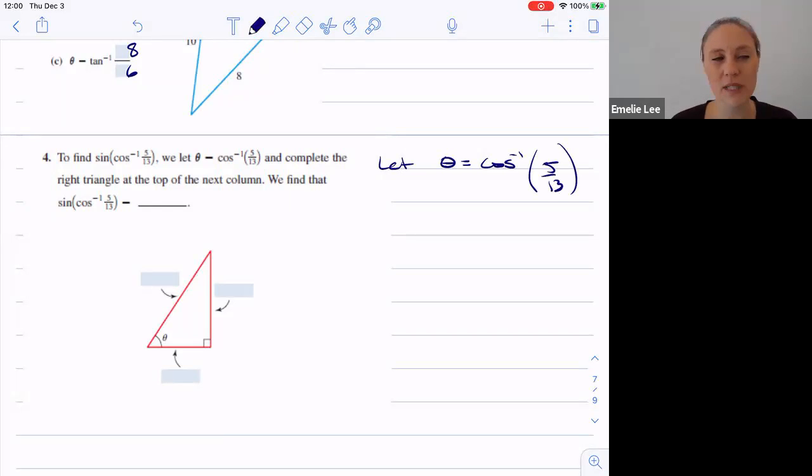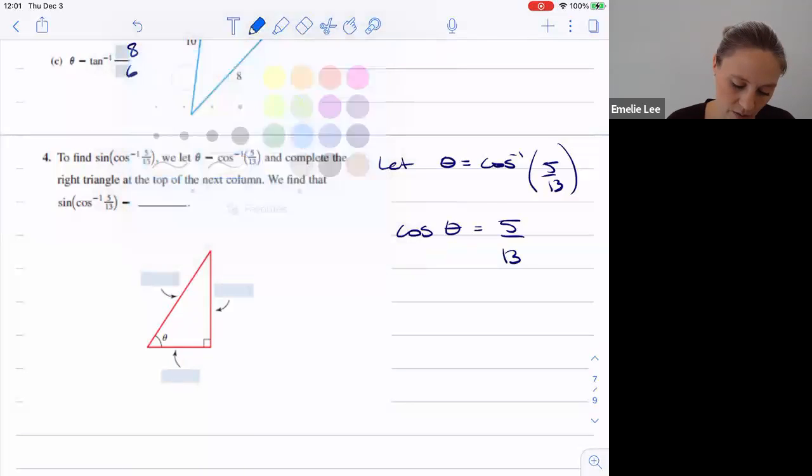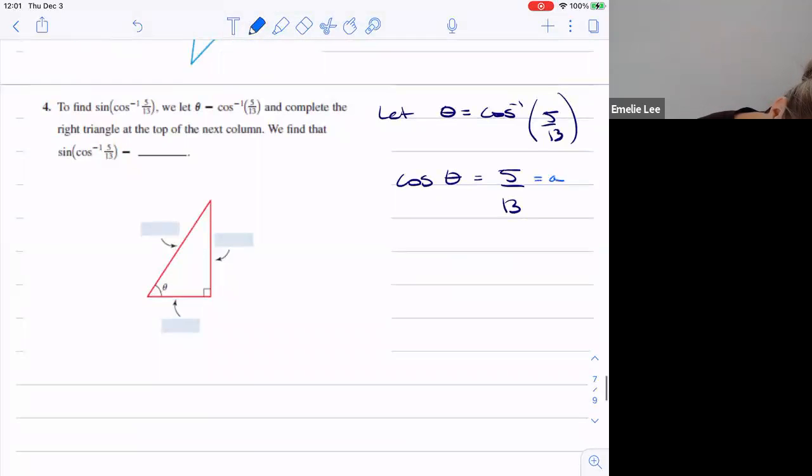Doing that same thing that we did earlier, we move the cosine inverse over, so we're at cos theta is 5/13. Well, if I'm taking the cosine of theta, the answer is adjacent over hypotenuse, right? So if I have this theta here, I know the adjacent is 5 and the hypotenuse is 13.